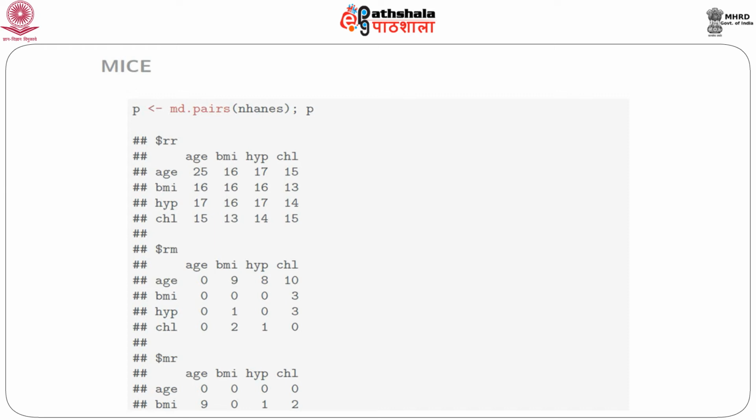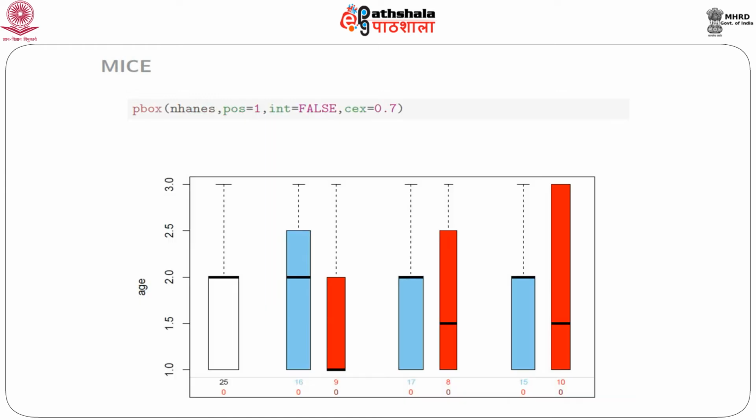The R package VIM contains functions for plotting incomplete data, and in general it is a good idea to use this package to see what the missing data patterns look like. We can compare the distribution of one variable within subgroups defined by others, and the pbox function in VIM does this.